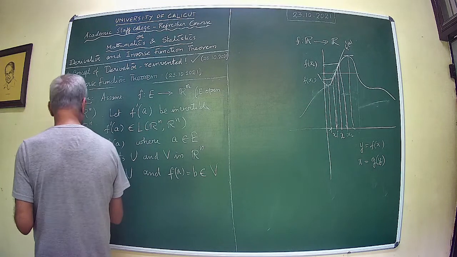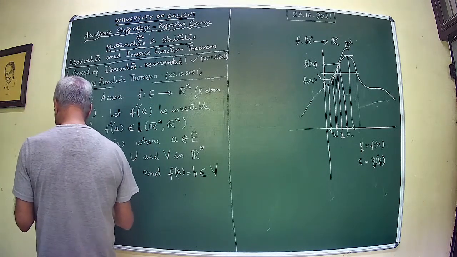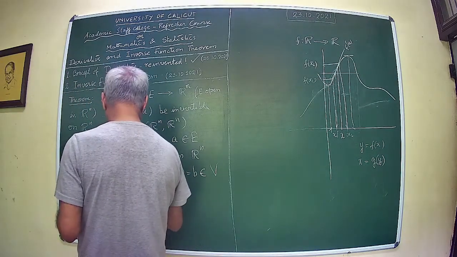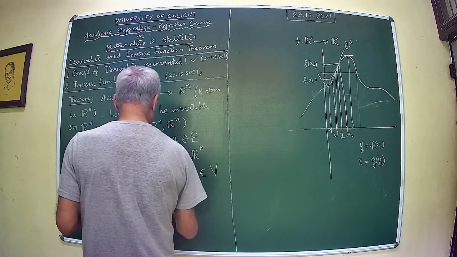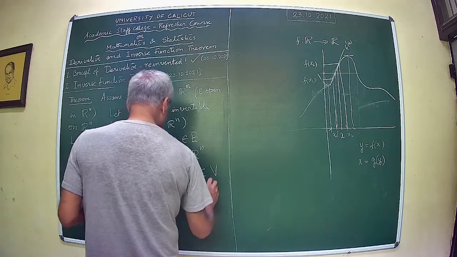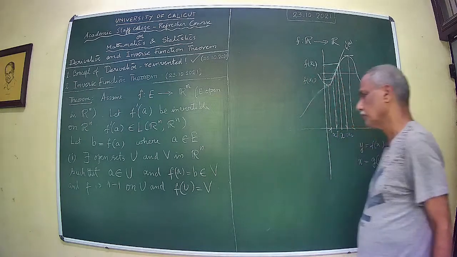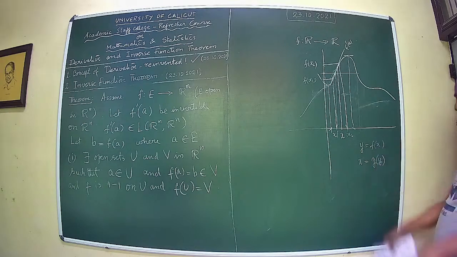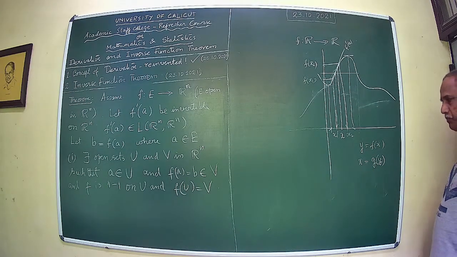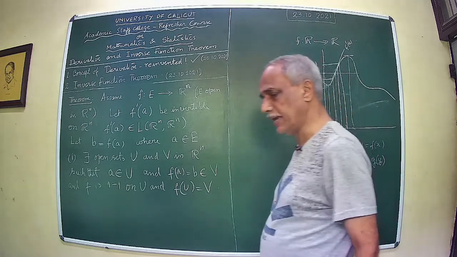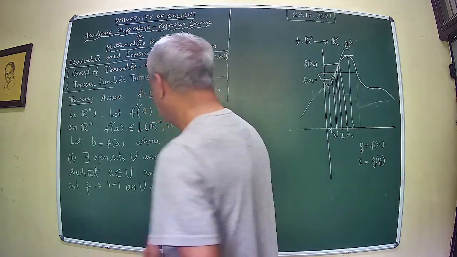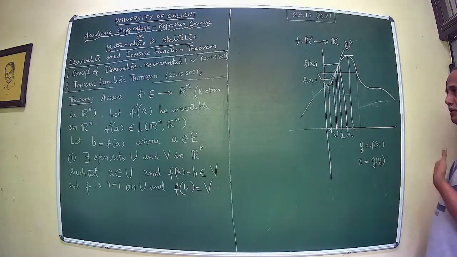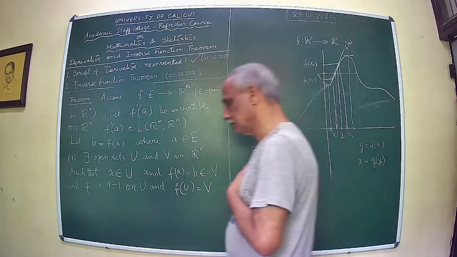And f is one-to-one on U. In short, what you are saying is that there are subsets U and V as neighborhoods of A and f(A) such that the map f is a one-to-one onto map between U and V. Okay, what does it mean?